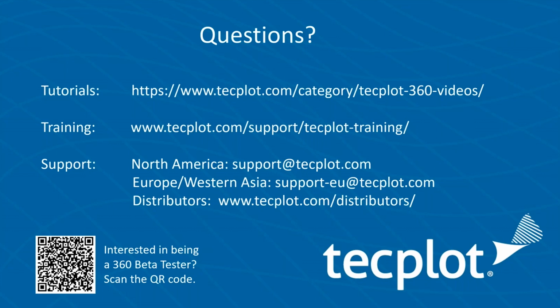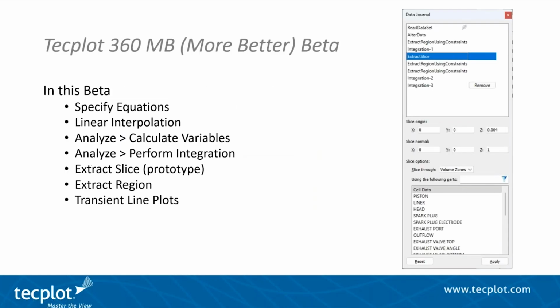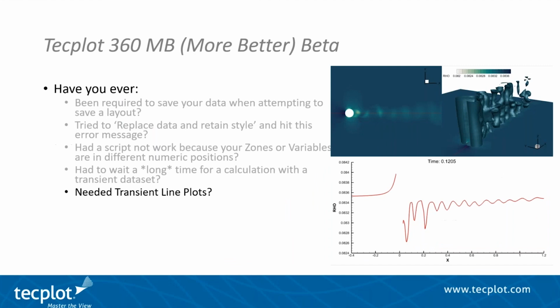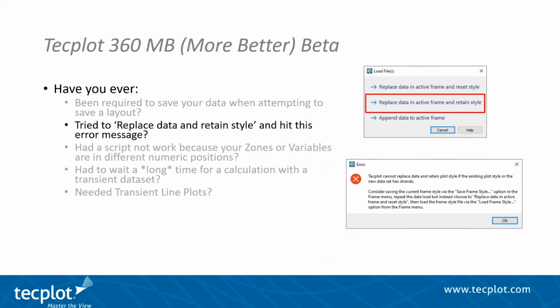The question: does the data journal somehow fix the need to replace one's data set? Sort of. We've been doing some work, if we go back up to the initial slides, on replace data set and retain style. We've done some initial work to make this a smoother experience.